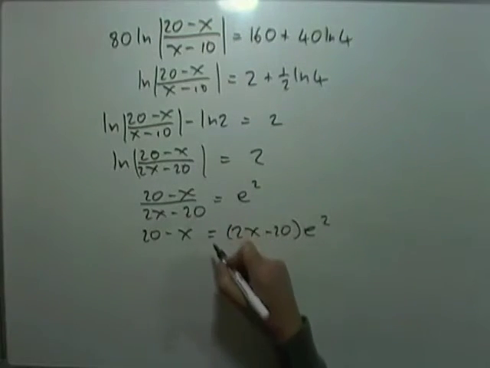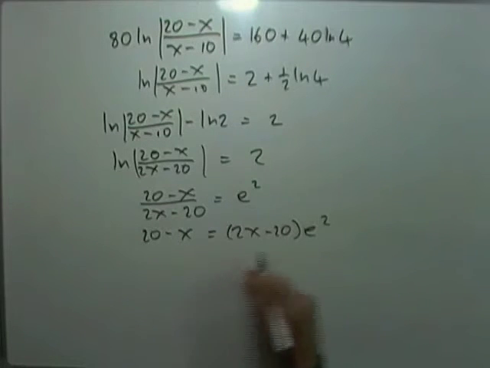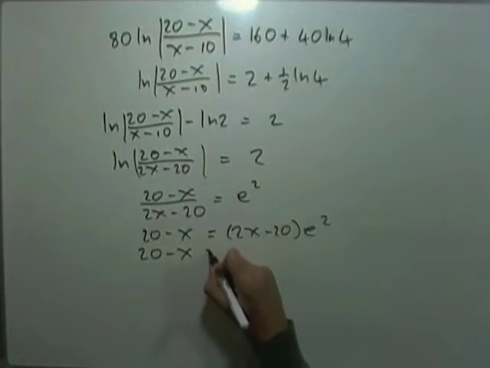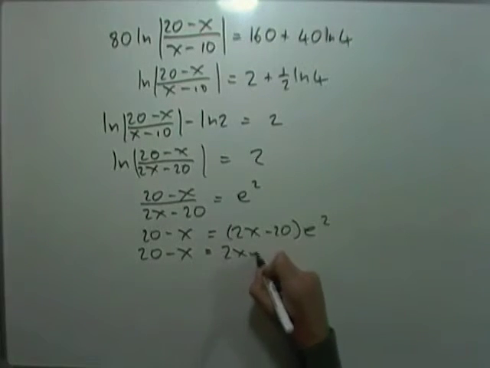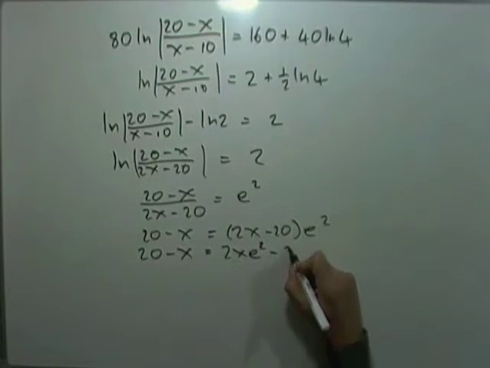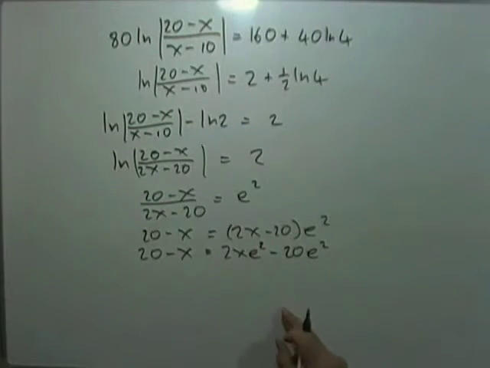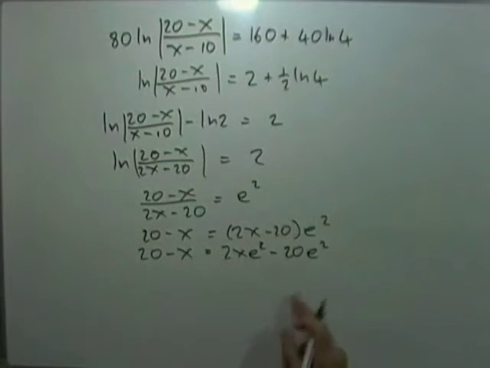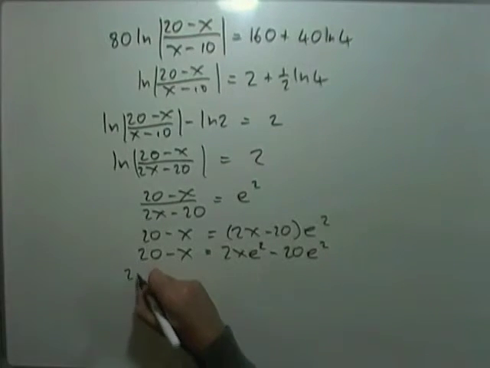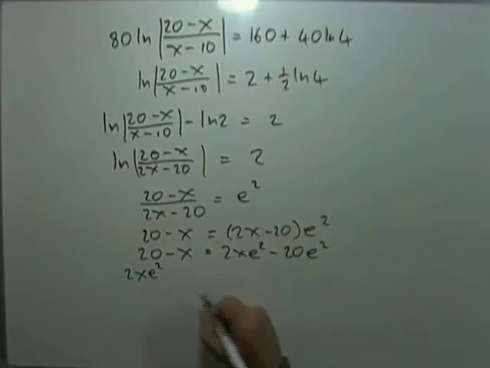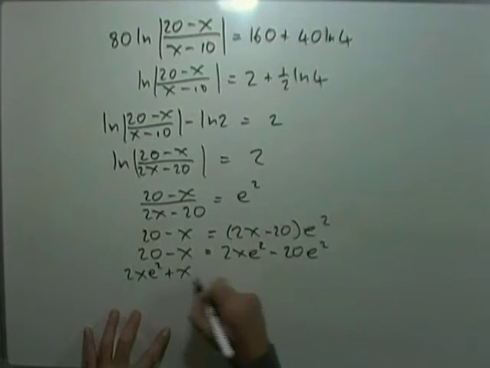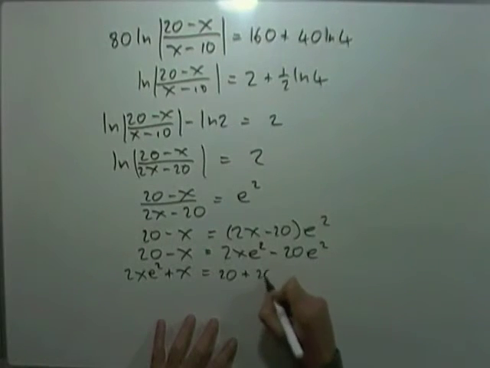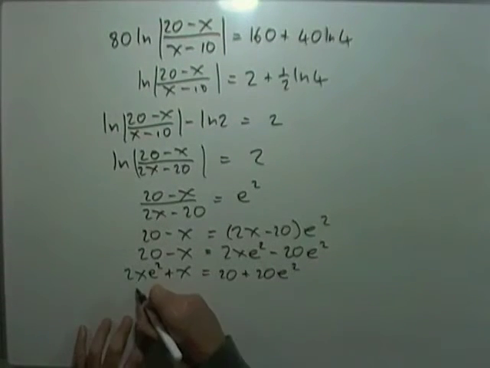I think I've been too generous with the gaps here. Separate the terms. 20 minus x equals 2x e squared minus 20 e squared. Then bring the x's together. I'll bring it over to this side, but write it the other way around, so that I've got 2x e squared plus the x equals the 20 plus the 20e squared.